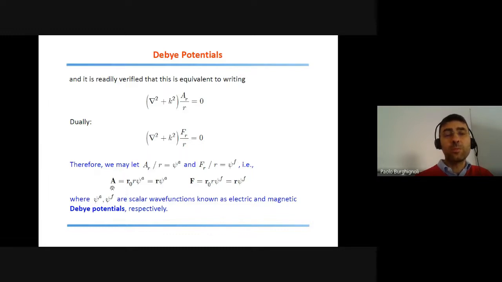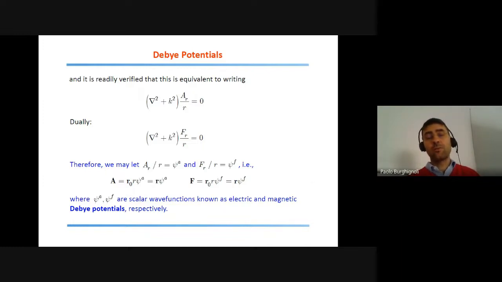Therefore, for example, the magnetic potential A can be written as the unit vector in the radial direction, r0, times r times psi A, or synthetically as the position vector r times this wave function psi A, and dually for the electric potential F. Now, those scalar wave functions, psi A and psi F, are known in the literature as the electric and magnetic Debye potentials, respectively.